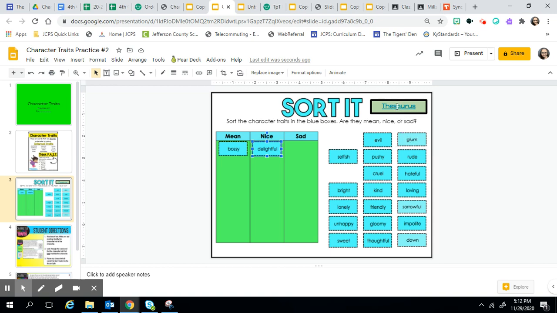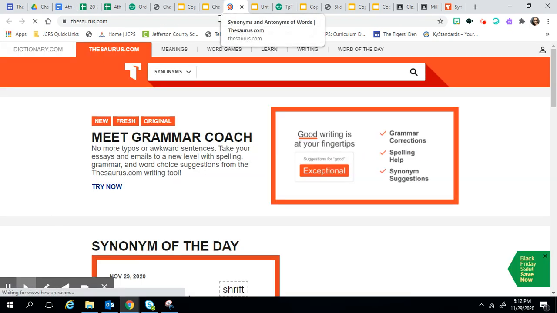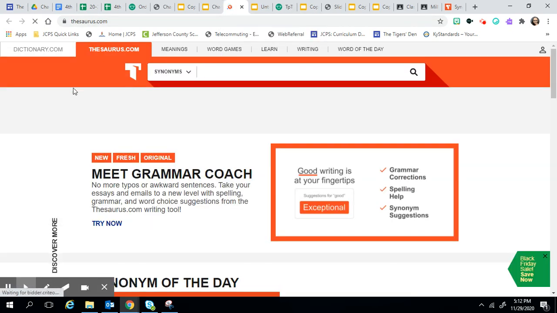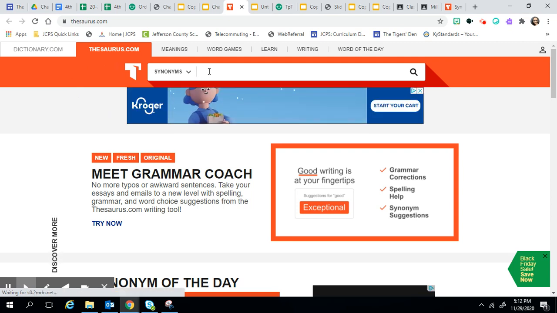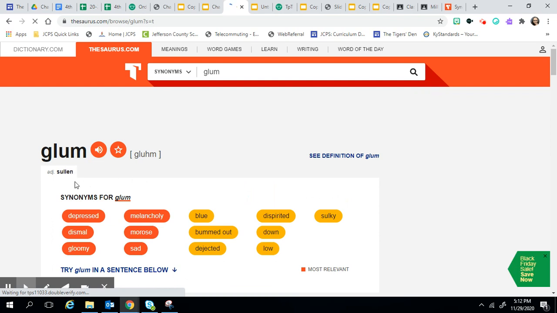So it's linked here, so I'm going to click on it, and it pops up underneath, so I have to click on the blue words, and it'll open a new tab. And it comes to thesaurus.com. And I'm going to type in the word glum right here. When I type in the word glum, it's going to pull up a bunch of synonyms.